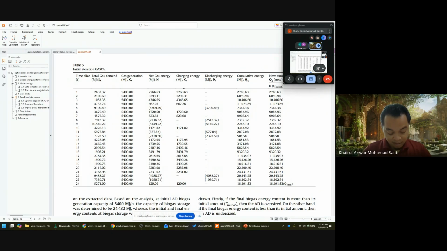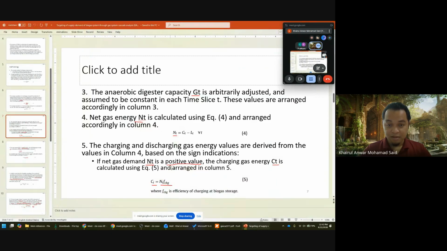So you calculate the CT based on equation 5. The charging and discharging gas energy values are derived from the values in column 4 based on the sign indication.